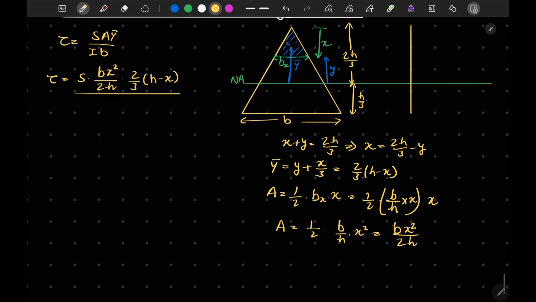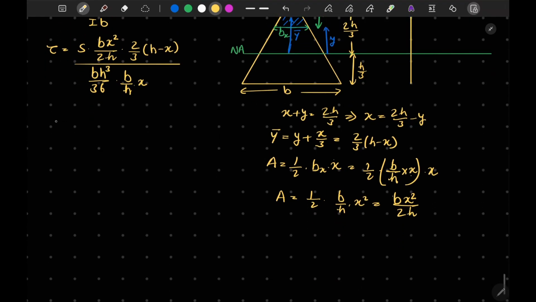Now we know that for a triangle, our moment of inertia about the centroidal axis is given by bh cube by 36, into b. So this b will become bx, and this bx value is b by h into x, okay.